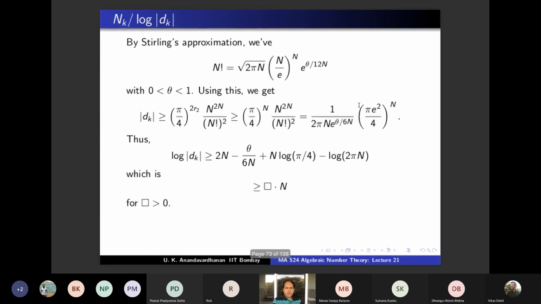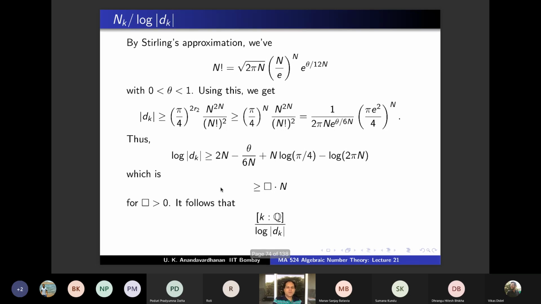Now what you can observe is that this is bigger than or equal to some positive constant times n. You can find such a positive constant by doing the exact calculation here for an n. So when n is large enough, it's easy, but for n equal to 2 or something, maybe you have to actually plug in and see. In any case, you can get log mod dk is bigger than or equal to a positive constant times n. In other words, n by log dk is less than or equal to 1 by this, which is another constant.